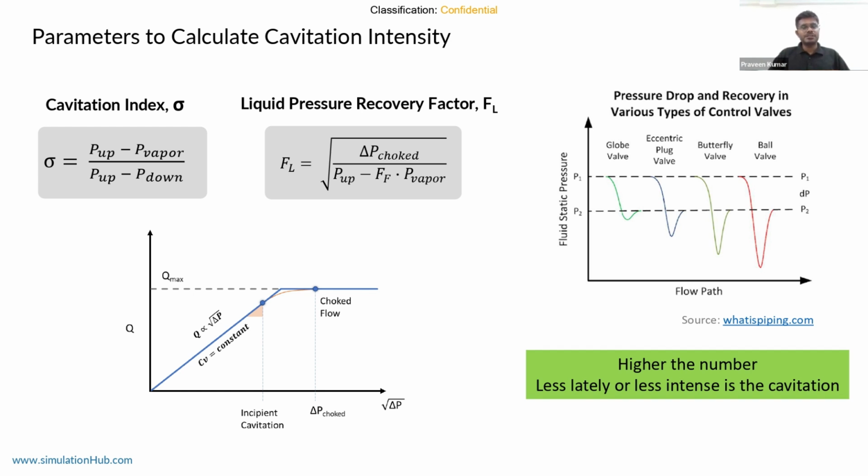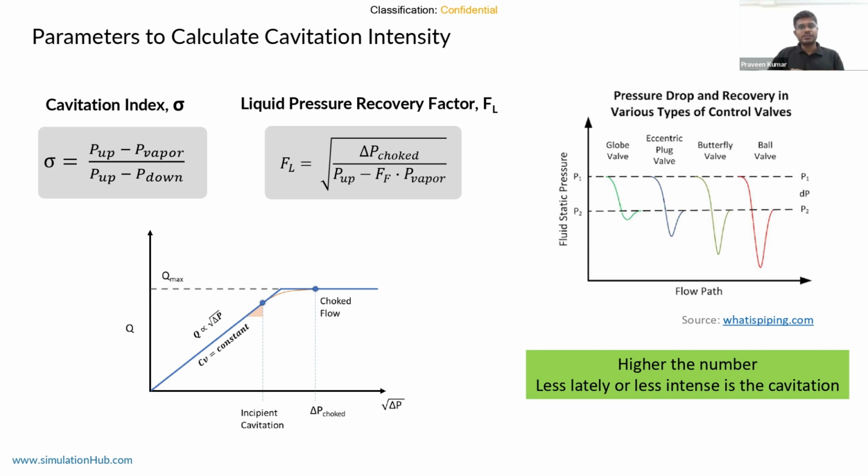But beyond a point where the cavitation starts, that is the incipient cavitation point, the bubble formation and bubble collapse happen, and beyond a certain point there is no further increase in flow rate. Even if you increase the pressure drop any further, there is not going to be any increase in flow rate. That condition is called choked flow. The pressure drop where the choked flow starts is required to calculate the FL. Or you can have a Qmax, and Qmax can be used to calculate the FL as well.